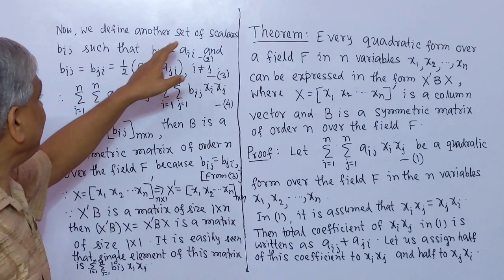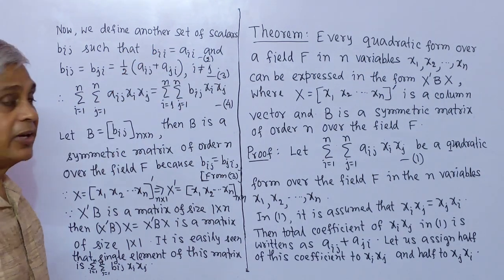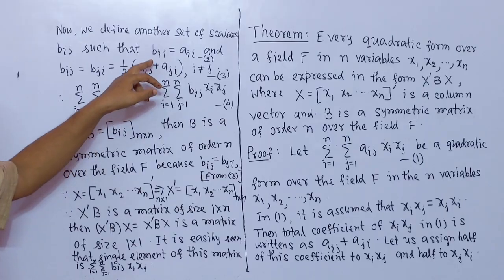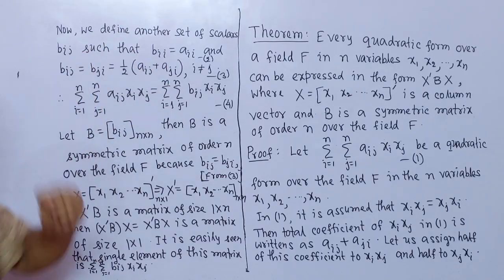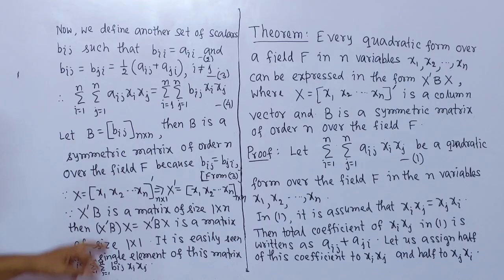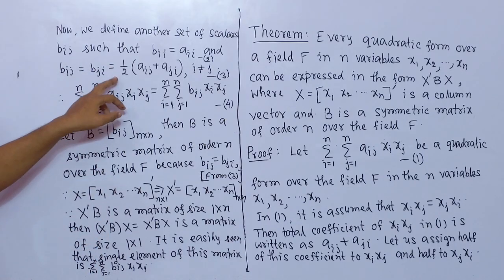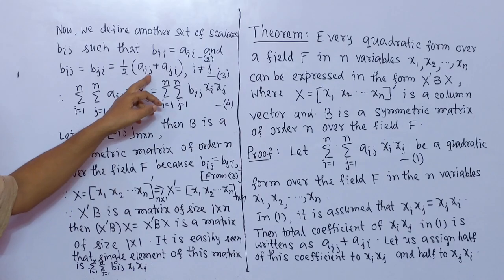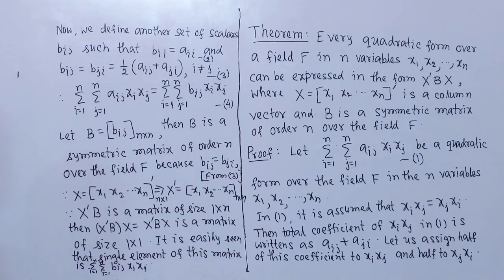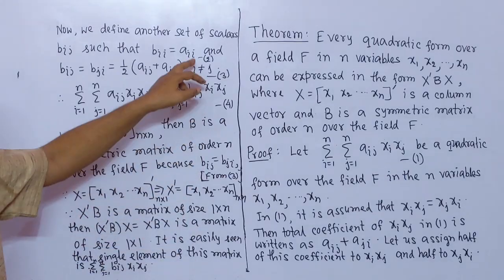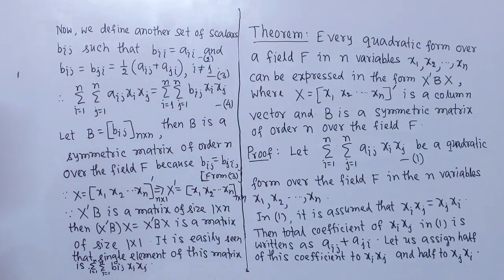Now define another set of scalars bij such that bii equal to aii, means diagonal element same, and bij equal to bji equal to half of aij plus aji when i not equal to j. This is number 2, this is number 3.